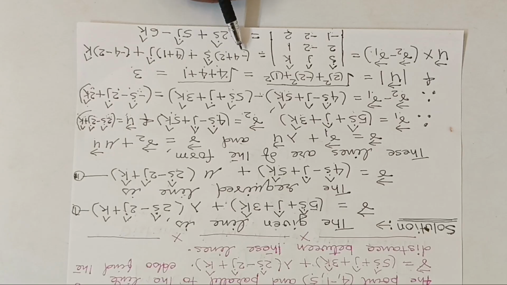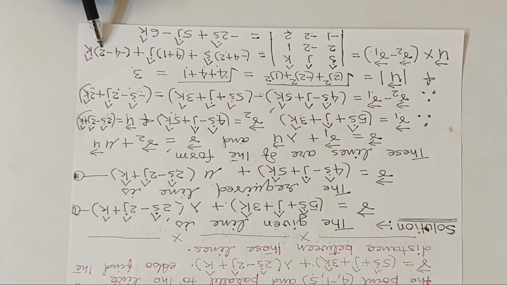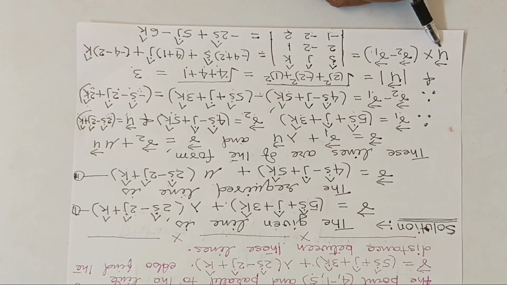That is minus 2i plus 5j minus 6k. So vector u cross vector r2 minus vector r1 is equal to minus 2i plus 5j minus 6k.